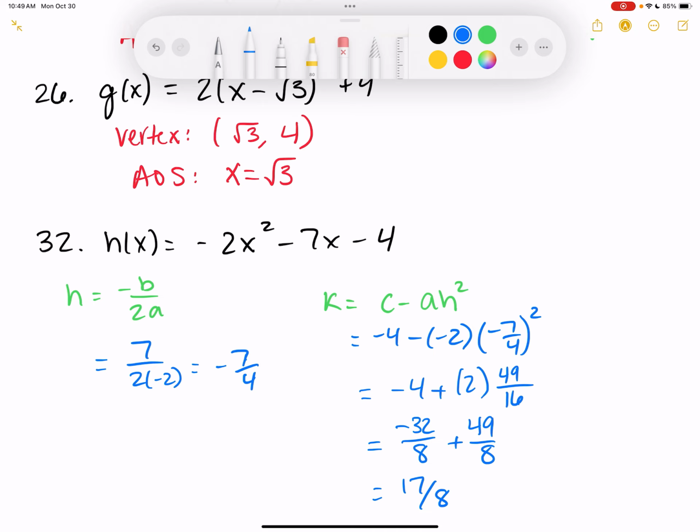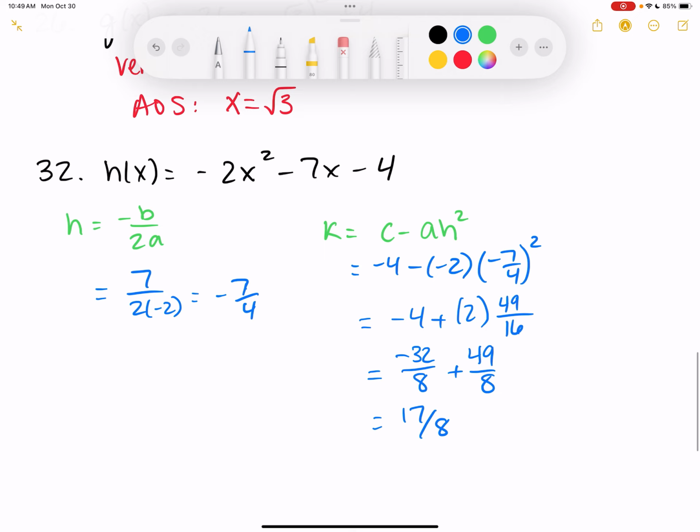So now, in vertex form, we use the same a value that's up here. And so we end up with f of x is equal to negative 2, that's a, times x, opposite sign, so plus 7 over 4 squared.